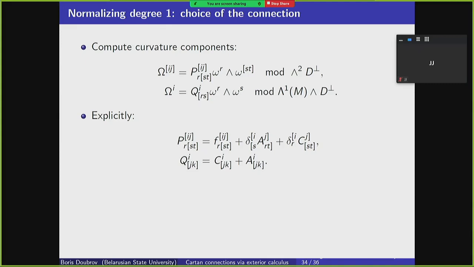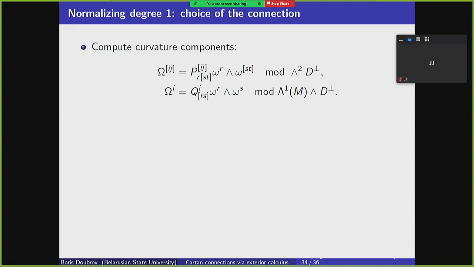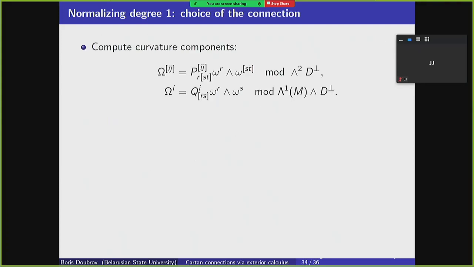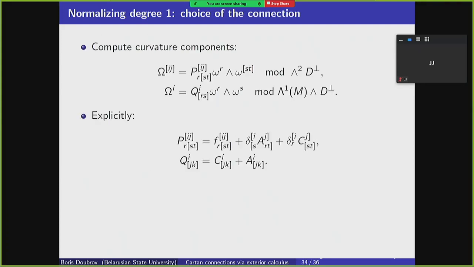Here, P and Q are curvature, and A and C are still coefficients of our connections that we are building. We are trying to find A and C in such a way that this P and Q are as simple as possible.